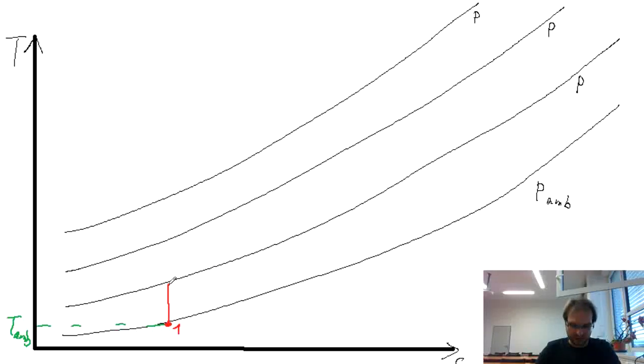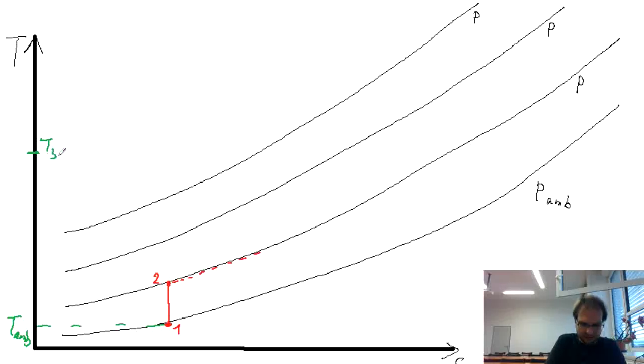Then for the ideal isentropic compression, we go to the point 2 over here. Then we have the constant heat addition up to the point with the firing temperature, which was set as constant. Let's say it would be somewhere over here.